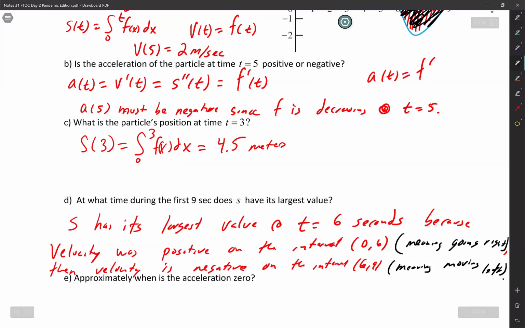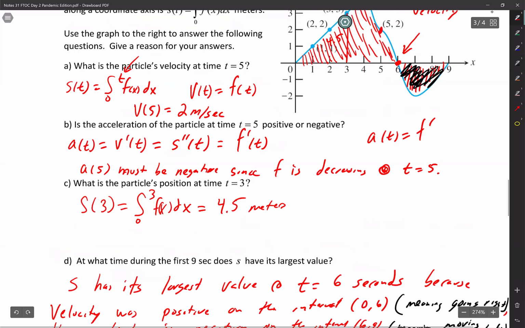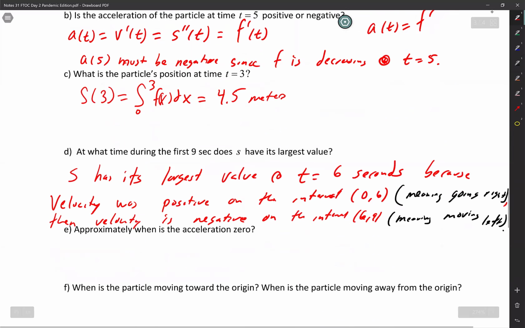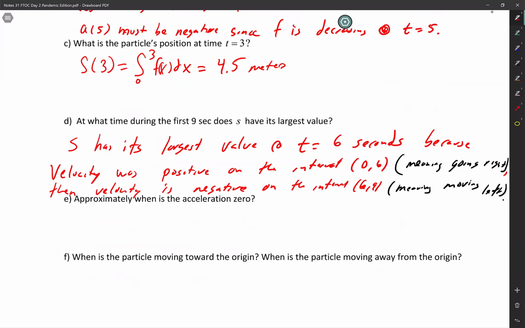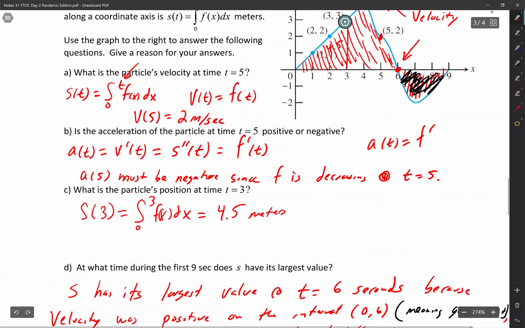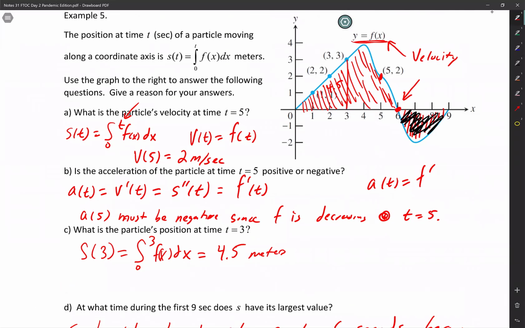Okay. I bet you if you show Mr. Winters this question, he would really like it. Okay, here you go, Viacana. This question's for you. Approximately, when is the acceleration 0? All right, let's look at that graph. Tell me when the acceleration is 0. I don't know. Yeah, you do. This is your velocity graph.